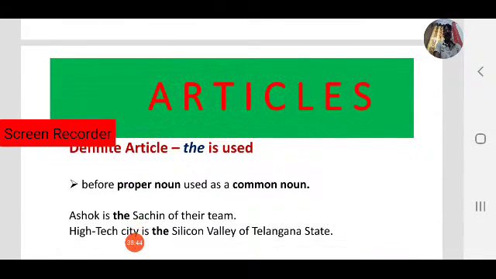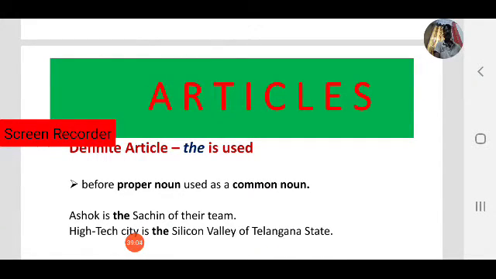Next, another case: before proper nouns used as common nouns. Actually those are proper nouns, but in some cases we use them as common nouns. For example, Ashok is the Sachin of their team.